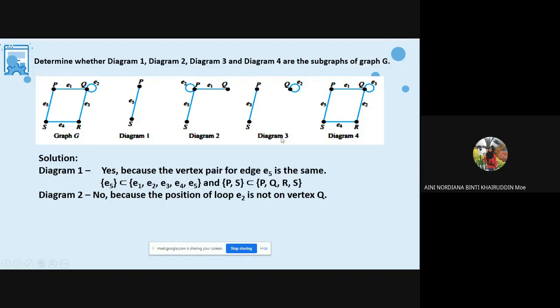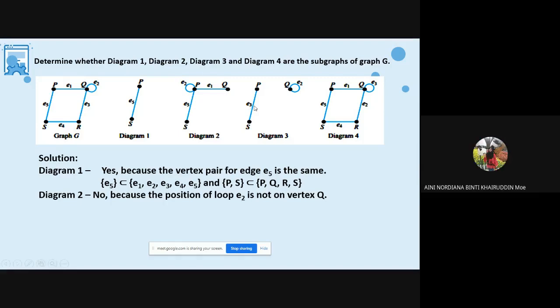Okay, cuba tengok pula diagram 3. Ada P, ada S, sama PS. Q ada E2, sini E3. So ini subgraph ke bukan? No. No, kenapa? Yes. Yes? Are you sure? No. No, why?